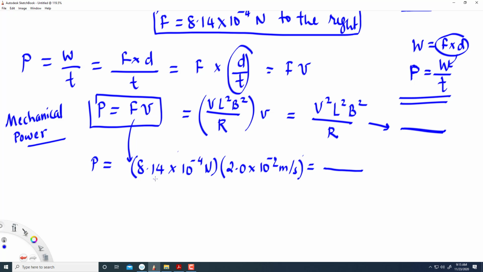So that gives 1.6 times 10 to the negative 5. The unit of power is watt.